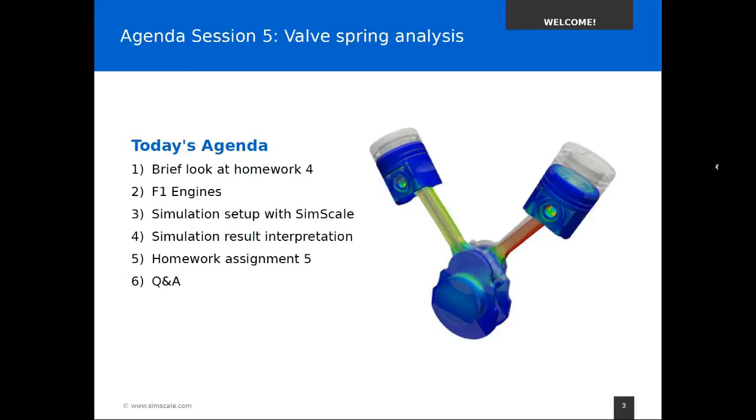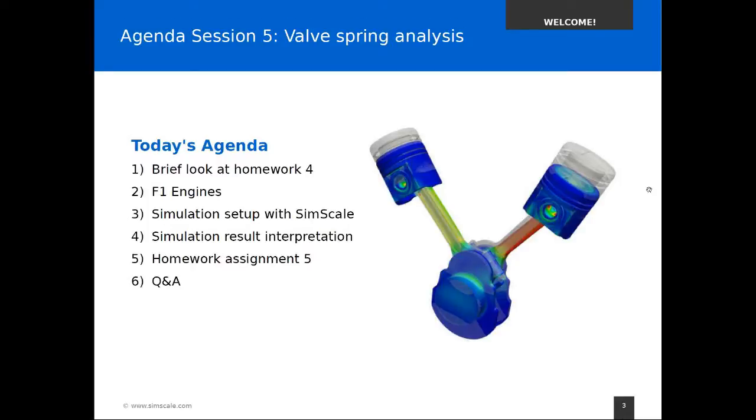So first of all, let's talk about our agenda today. As usual, we'll take a look back at the homework from last week, just quickly. Then we'll present a few facts about Formula One engines, some fun facts, but also some more technical details. And the goal is that all of you understand how a Formula One engine works, which parts we have in there, what is so special about them, and then we will discuss a simulation, the simulation we've just been talking about, the valvetrain, how this can be simulated on SimScale.